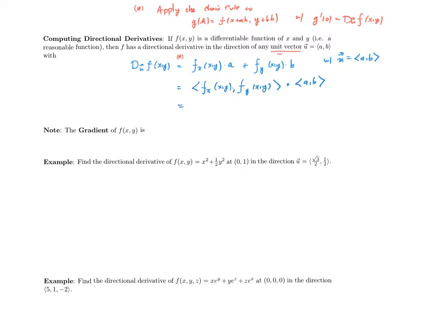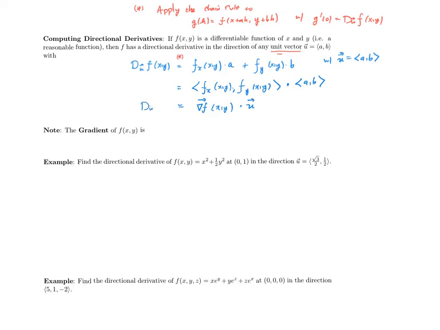It turns out this first vector is something that we frequently encounter, and we'll revisit it again at the end of the course, and it is referred to as the gradient of f, and we are dotting this with the unit vector u.